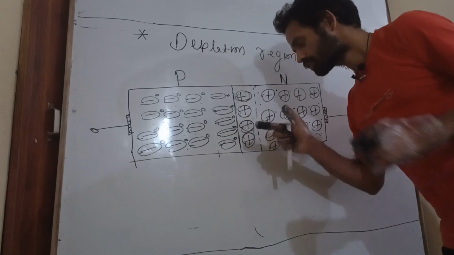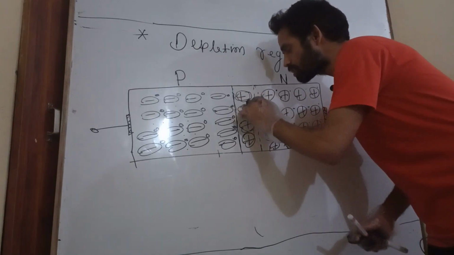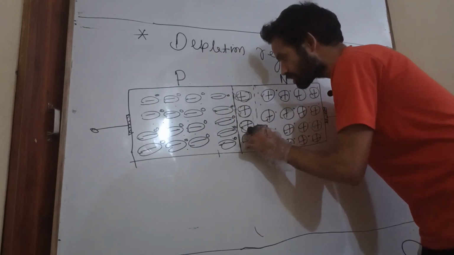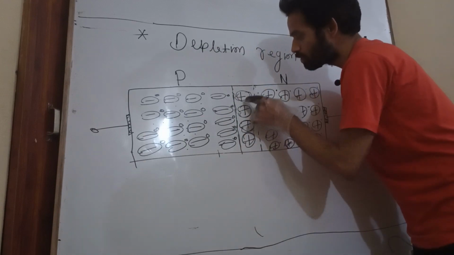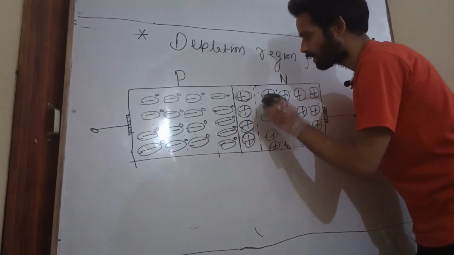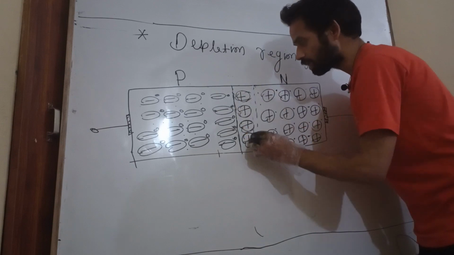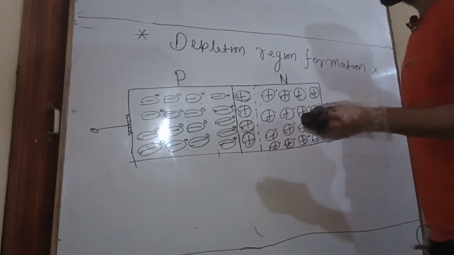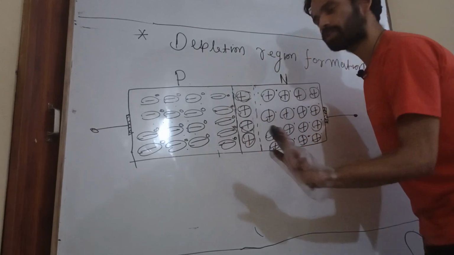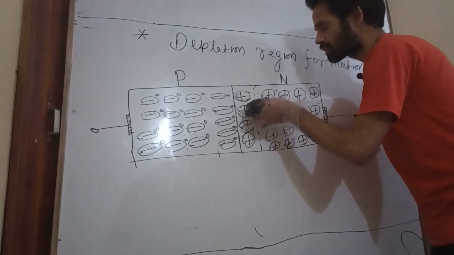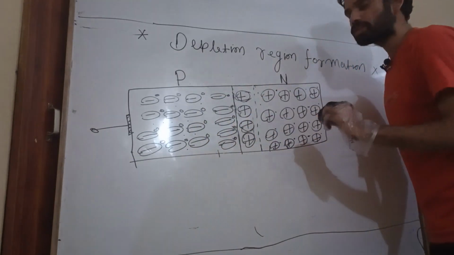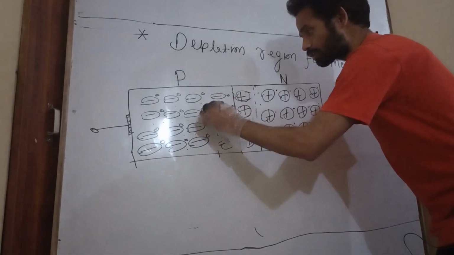Therefore, these positive charges, the bound positive charges on the donor atoms on the n side, will no longer have any electrons with which they can neutralize. They are not getting any chance to neutralize, because the electrons have disappeared due to recombination with the holes.